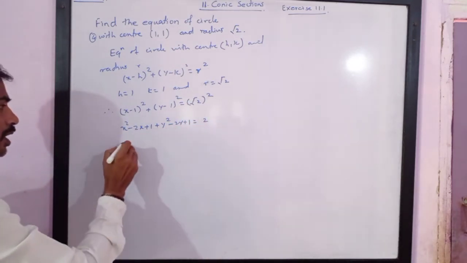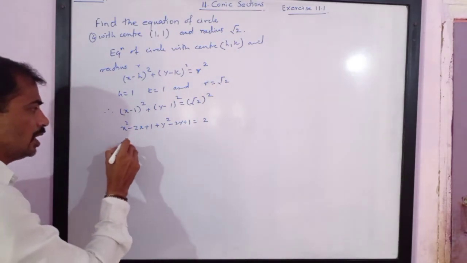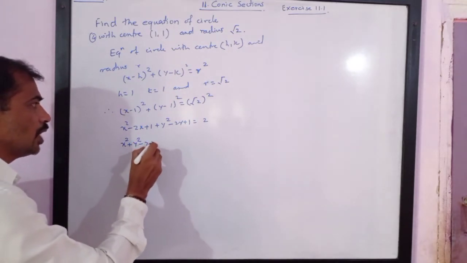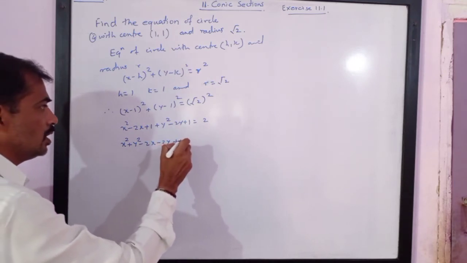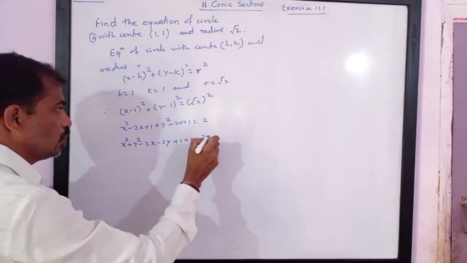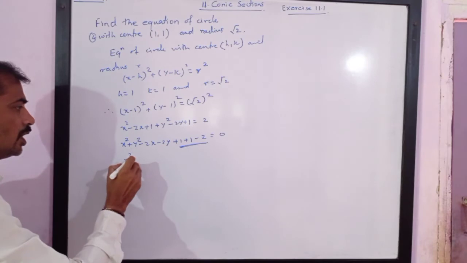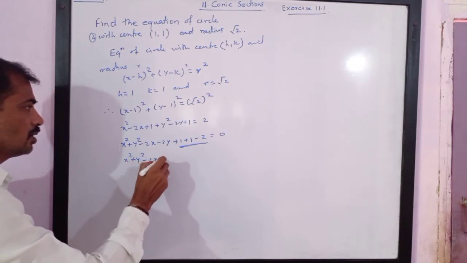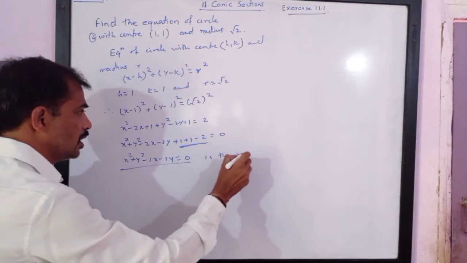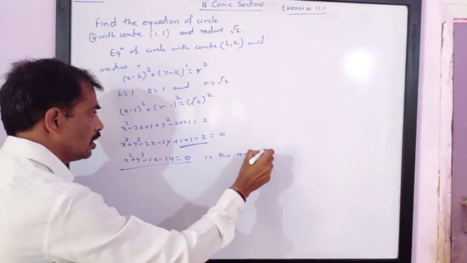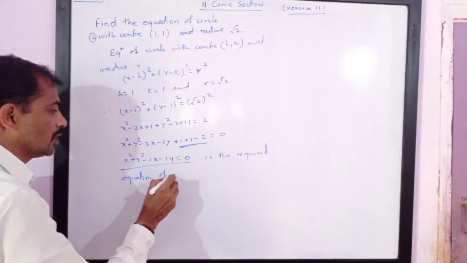Now if you solve this further or write in the descending powers of the variables, you will get x square plus y square minus 2x minus 2y plus 1 minus 2 is equal to 0. Please note these all terms will become 0. So you will have x square plus y square minus 2x minus 2y is equal to 0 is the required equation of circle.